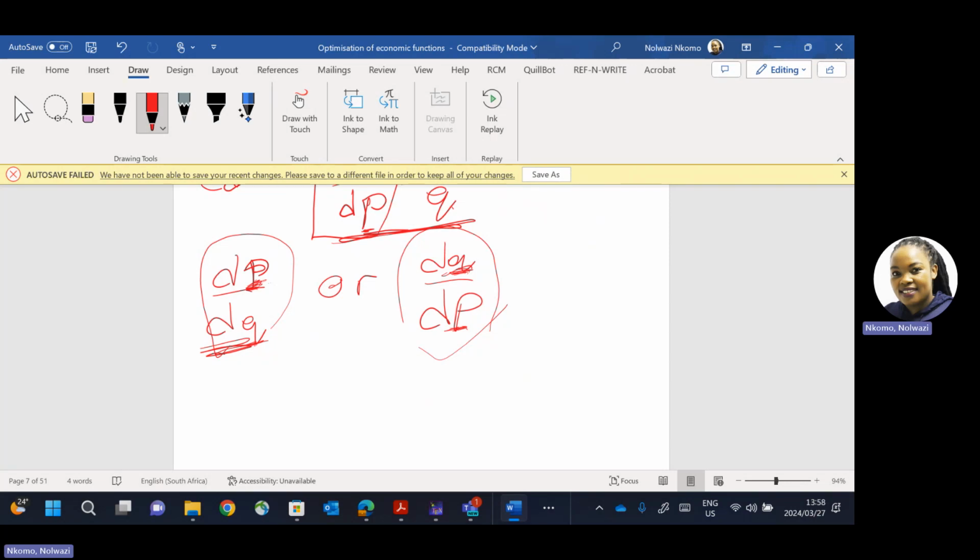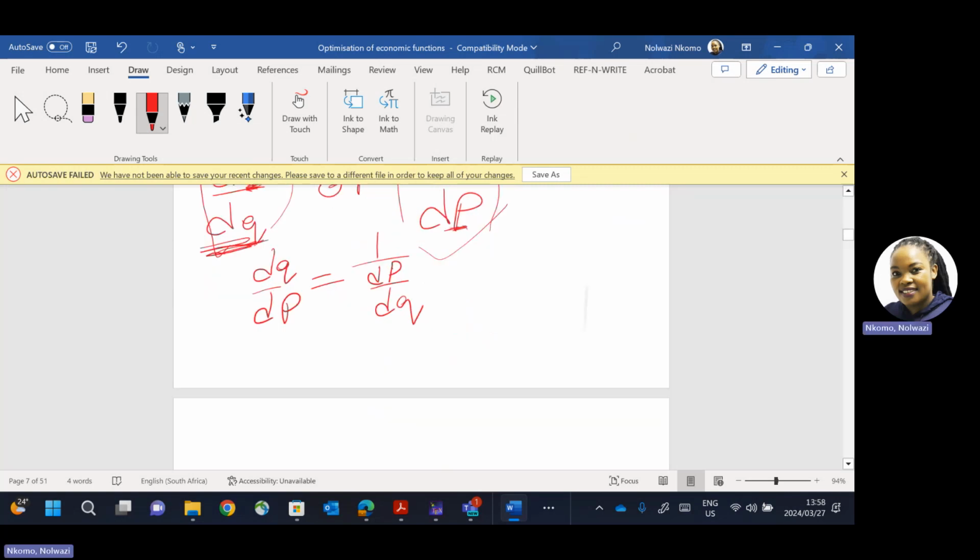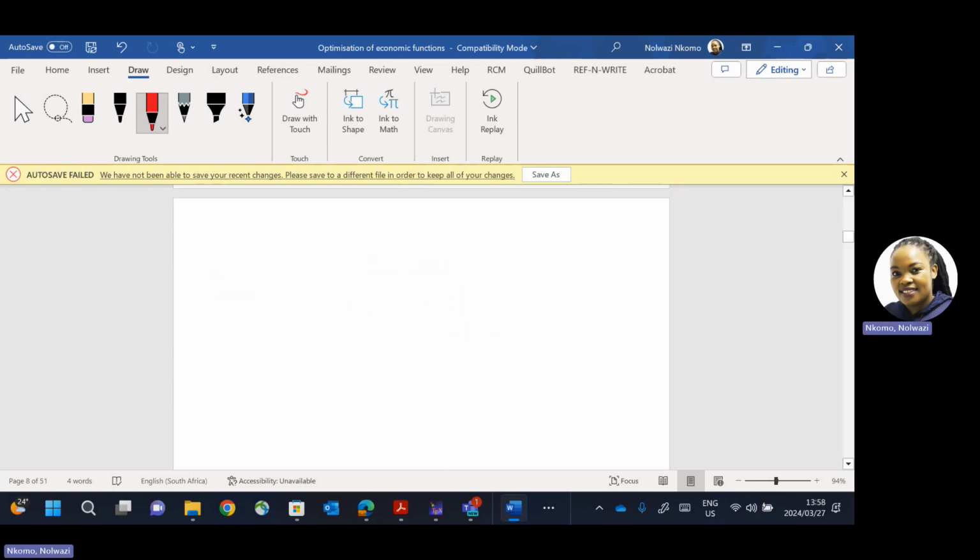So this means dq over dp is equal to 1 over dp over dq. Then we have the four conditions of elasticity. Here, these are the conditions you need to know.